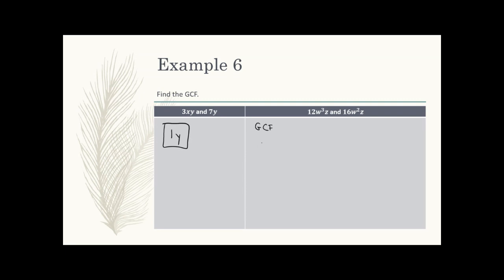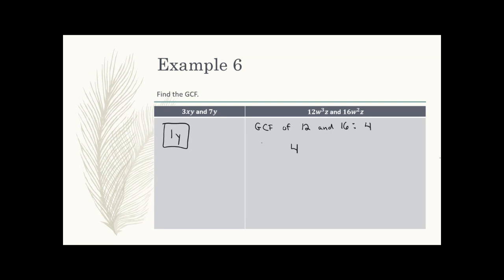So the GCF of 12 and 16: the biggest number I can divide out of both is 4, because 6 divides into 12 but not 16, and 8 divides into 16 but not 12. So 4 is the biggest number that divides into both 12 and 16, so I'm going to have 4 in my GCF.